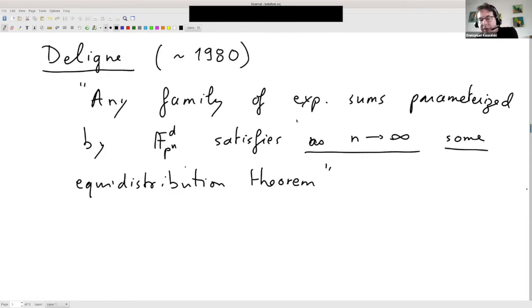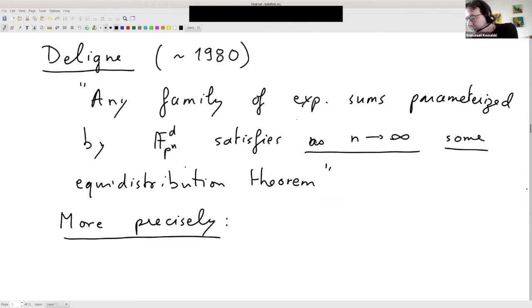So it's kind of a slogan. Let's try and make it a bit more precise. And then I'll give the example of Kloosterman sums to make this very, very concrete in one special case.